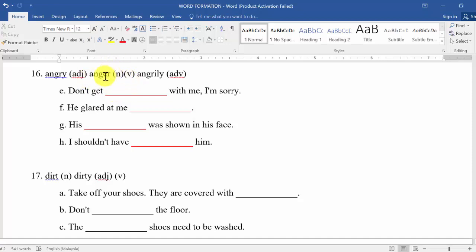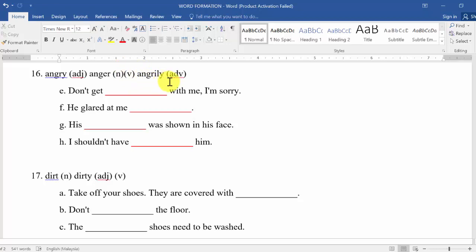So anger is the emotion. Next one, verb. Anger as a verb means that you make someone angry. To make someone angry means anger. The action of making someone angry. Verb.